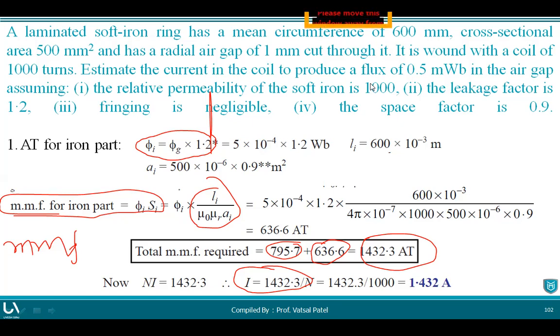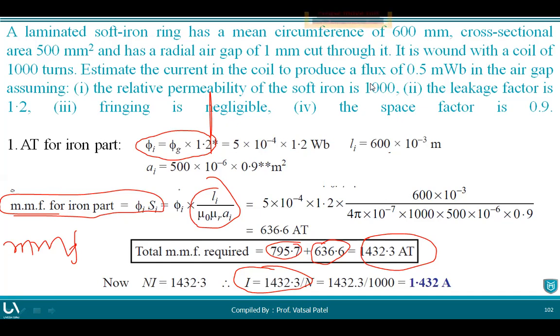See, if you are not neglecting the fringing here, then we should identify what the leakage flux will be, because the total flux and the leakage flux are different.